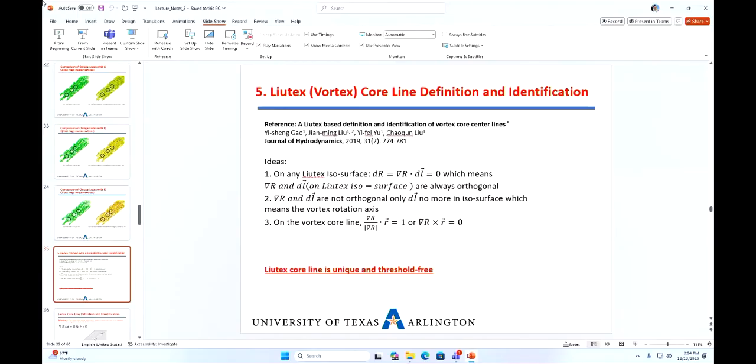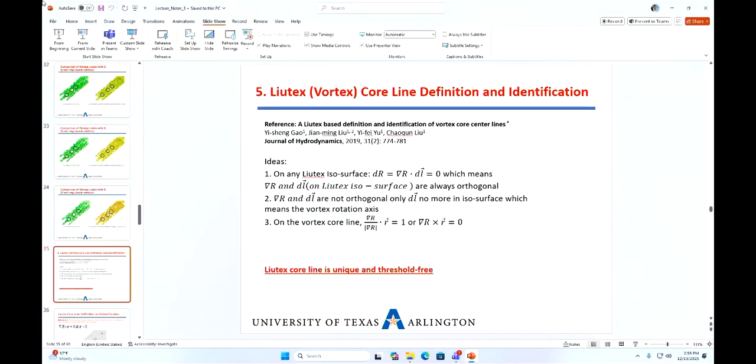Well, some people talk about a hurricane. You have a large vortex, then you have many, maybe 100,000, small vortices. Use this judgment. This gives the core line. If you meet this condition, you have a vortex, so you can find many.